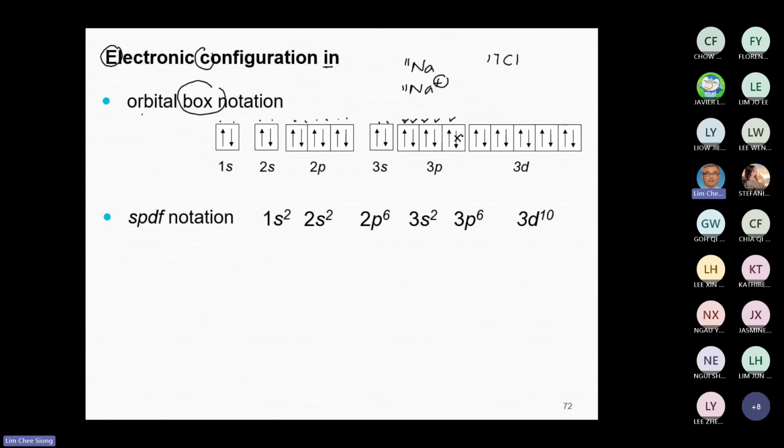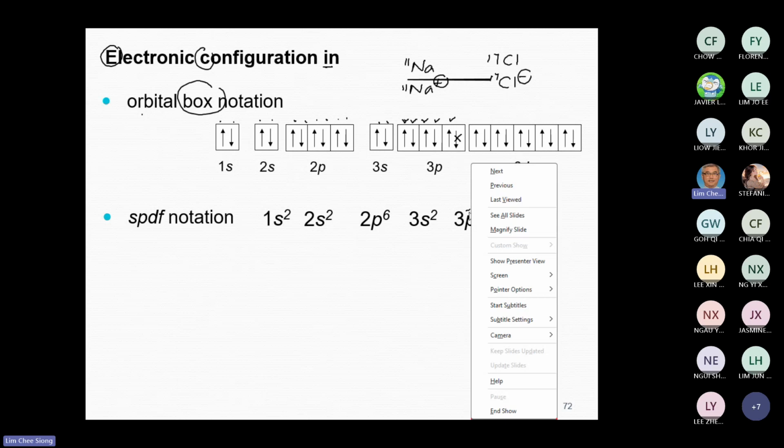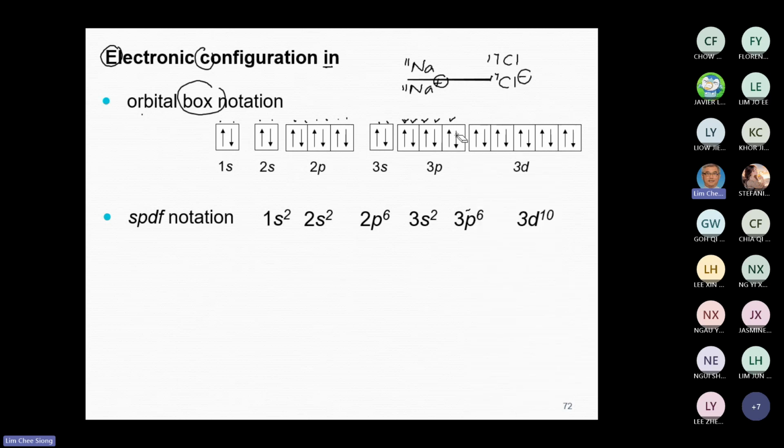This one you don't have, so this is chlorine as an atom. However, when it becomes chloride, even though the atomic number is 17, one more electron is added. So how many electrons overall? 18. That means this electron will be included in the electronic configuration. This one here.